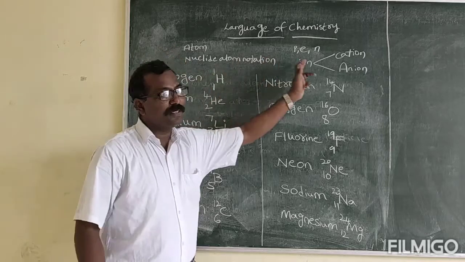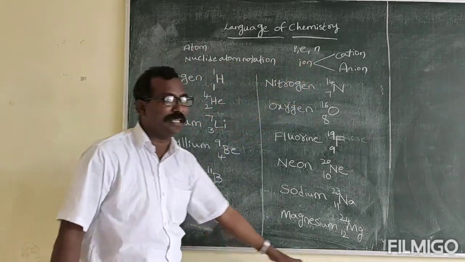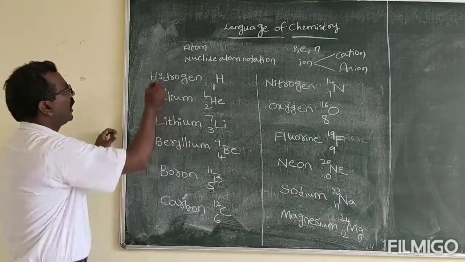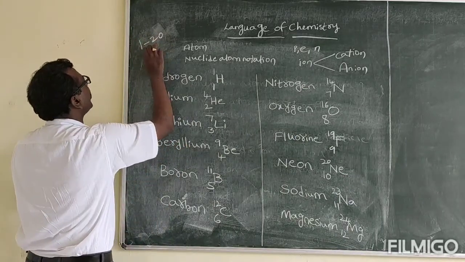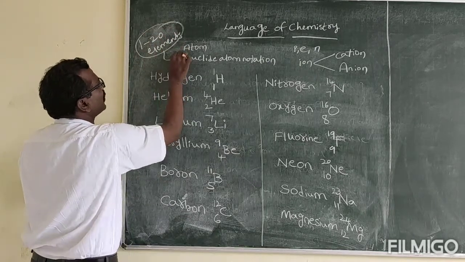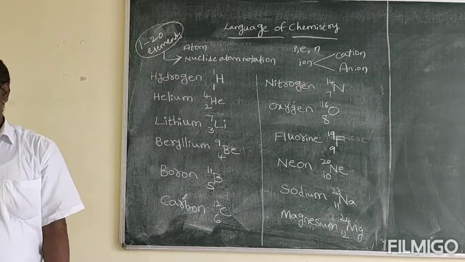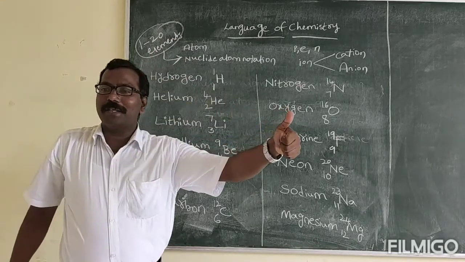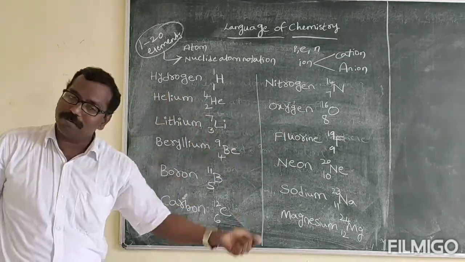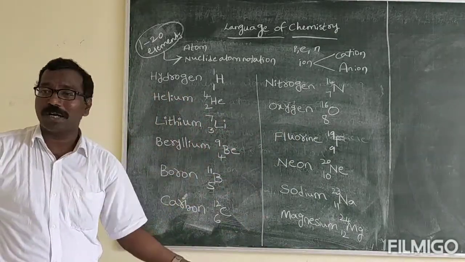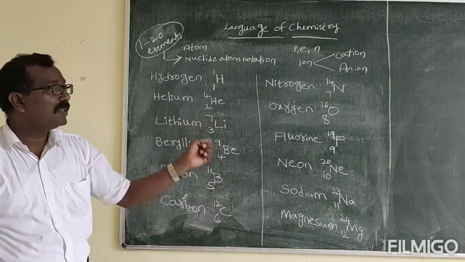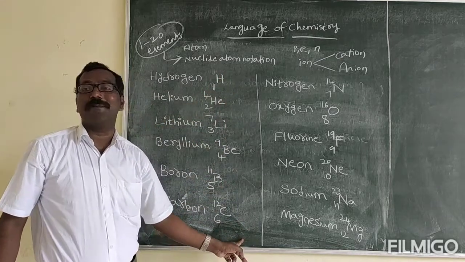So, you have to learn by heart all these 1 to 20 elements only, in the form of nuclide atom notation. You will get the number of electrons, protons and neutrons. Apart from this, you know the symbol of that particular element.